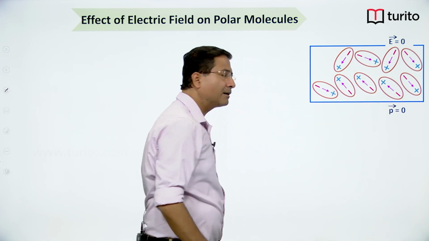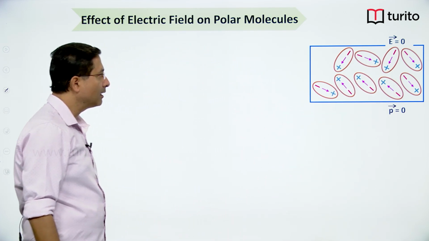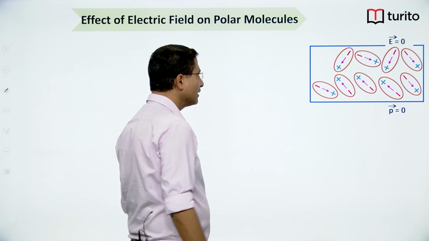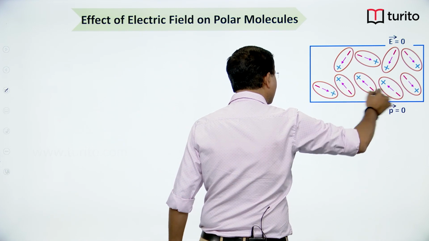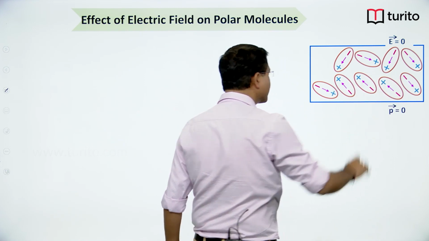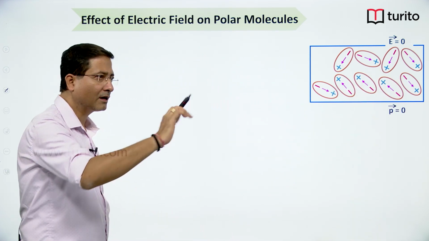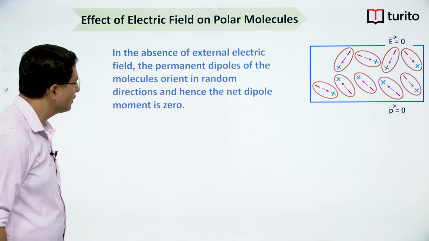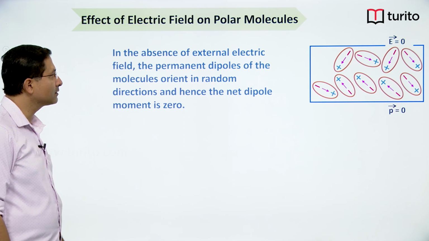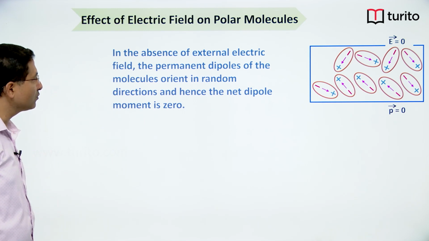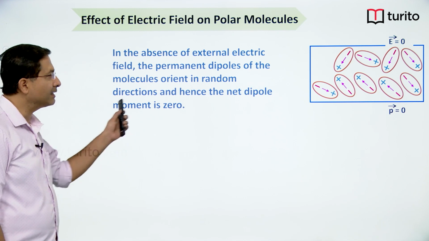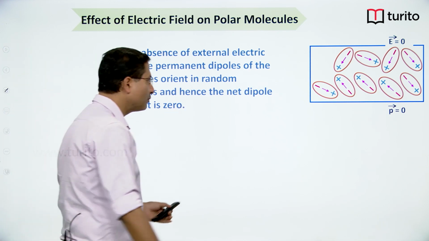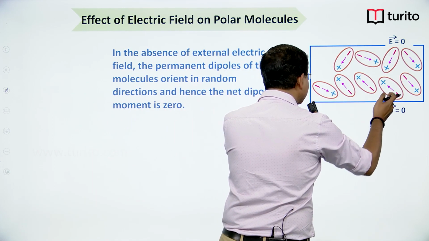All will be randomly aligned, and if I want to calculate net dipole moment of this whole thing, that will be coming 0 because all are randomly aligned, they are in different directions. So, in the absence of external field, the permanent dipole orientation of the molecules is in random direction, right. Hence, the net dipole moment of the material is coming 0.